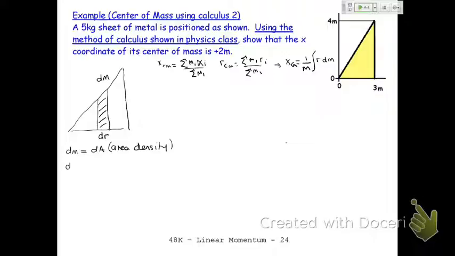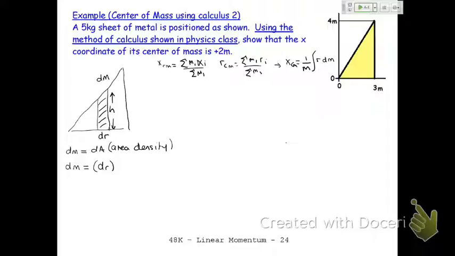And then I say, well, my dm is equal to, I need an expression for my little bit of area. I know the base of it is dr. I need to invent something for the height. Let's call it h. And I don't care about the fact that there's two slightly different heights. I'm going to make my slices so thin that h left and h right are going to be basically the same thing.